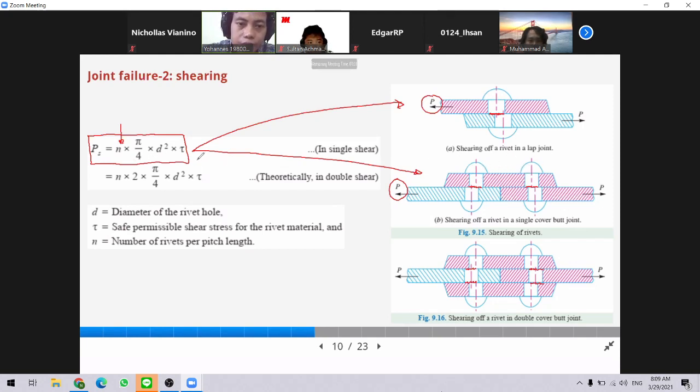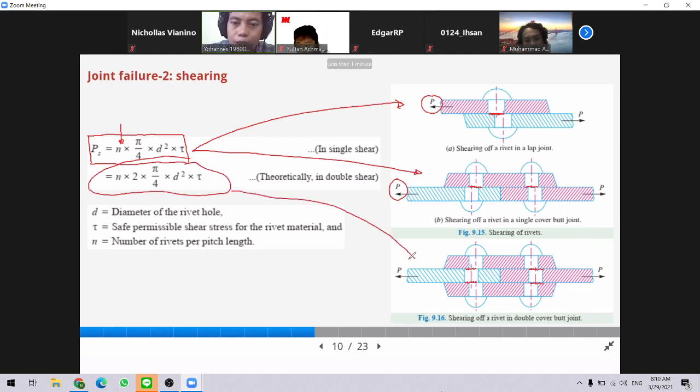But the second formula can be applied on the double cover butt joint. We put the number 2 here to account for the number of shearing areas, because we have two shearing areas for a single rivet.